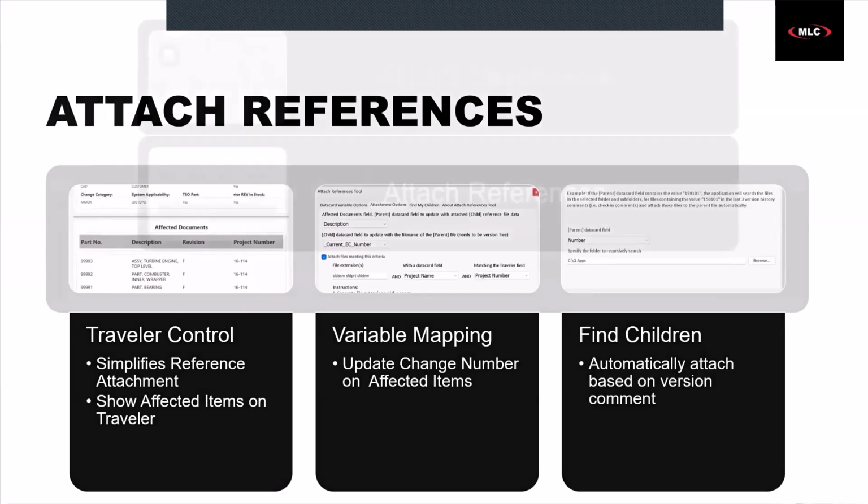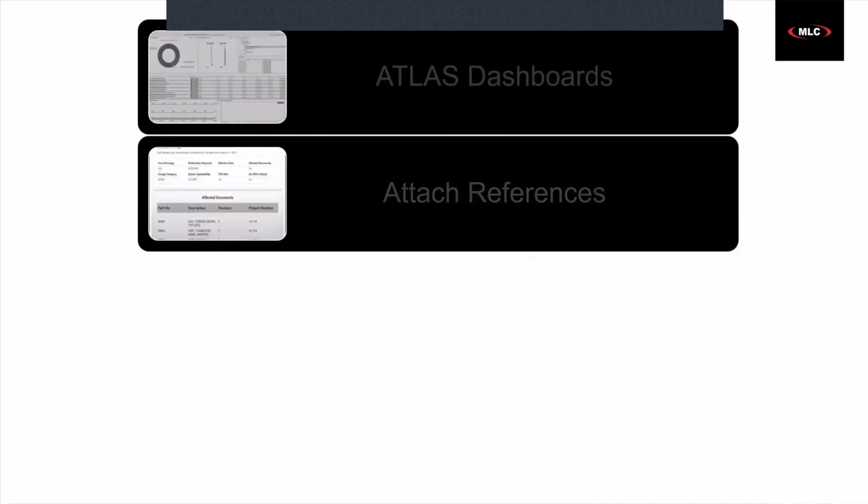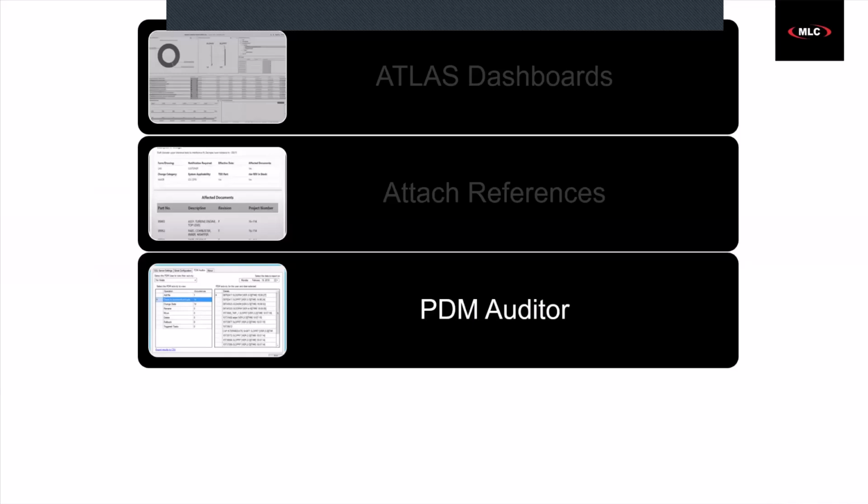Now, during this whole process, the PDM auditor has been running in the background. The PDM auditor is responsible for watching users' cache activity, so who is performing a get latest and on what. And this is also something that we can sync up to email.